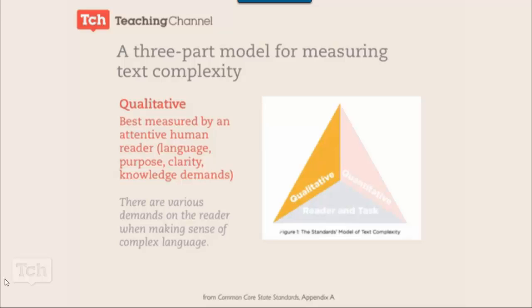So an attentive reader can determine the difficulty of language, the purpose of the text, the clarity of it, the kinds of background knowledge demands that a reader might need in order to effectively read this kind of a text.